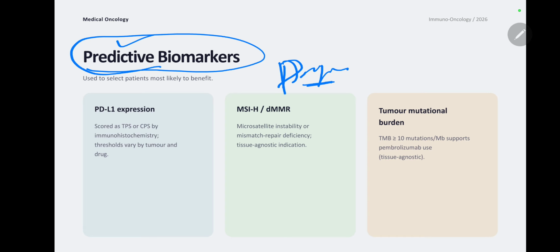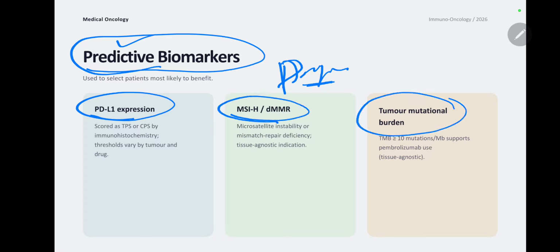So as predictive biomarkers, three types of biomarker are used. One is PDL1, one is MSI, and one is TMB. First of all, we discuss MSI.